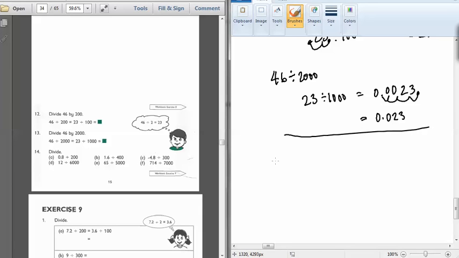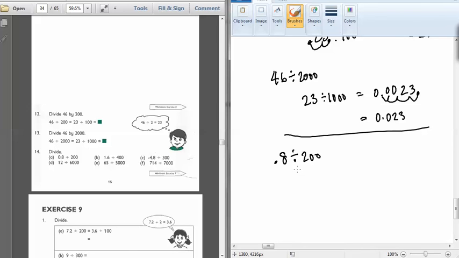All right, let's do 0.8 divided by 200. Now, here's an idea that I want to get across to you. When you're dividing by a big number, are you going to get a smaller number or a bigger number? Smaller number. A much smaller number, right? So I would expect this number to be much smaller than 0.8.